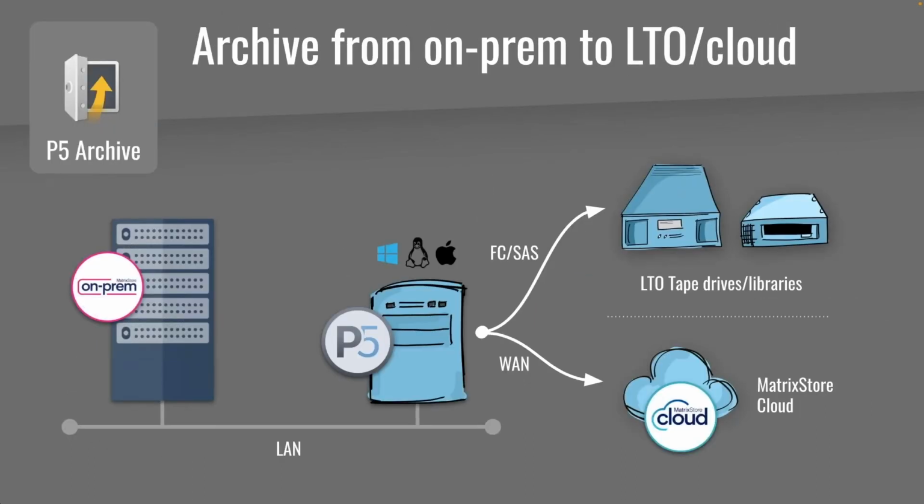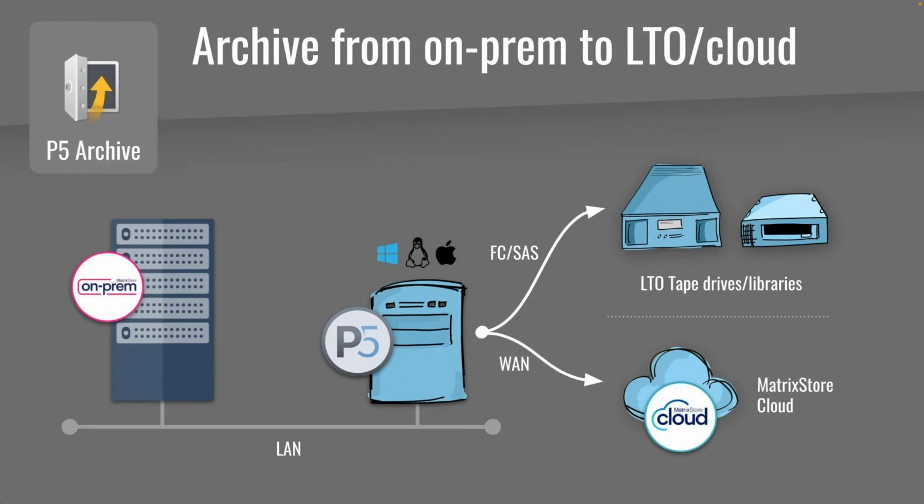And a couple of illustrative workflows here to show how you might archive from on-prem MatrixStore storage over on the left. What you would have is another host computer, which could either be a Mac, a Linux, or a Windows operating system. In fact, we support pretty much every operating system there is.